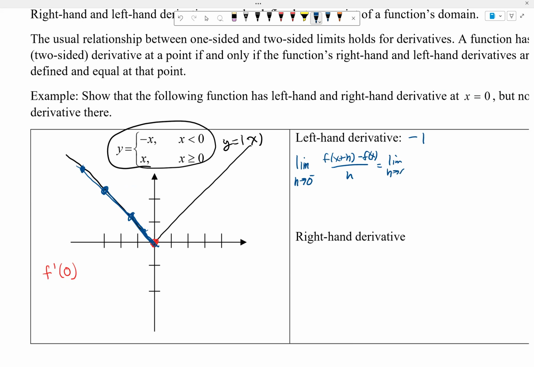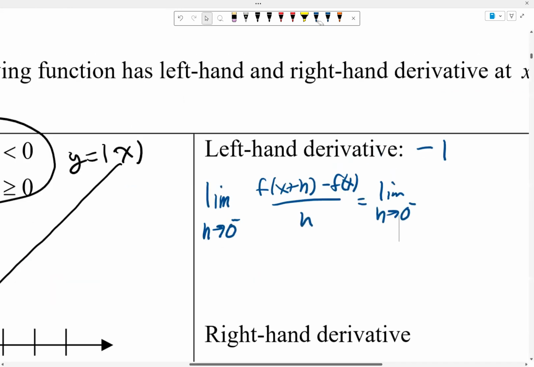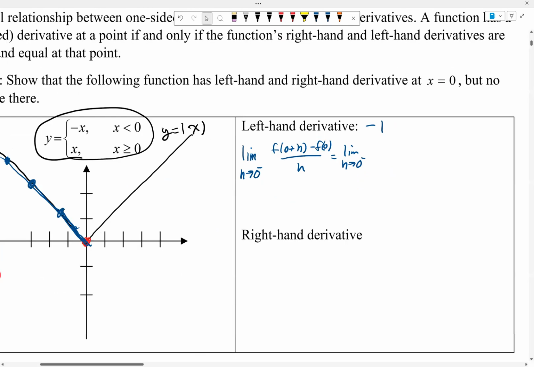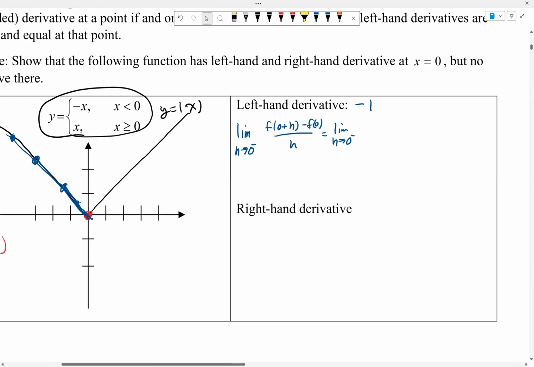We're interested only when x is 0, and when h is slightly negative, we are in the negative part of that piecewise function.